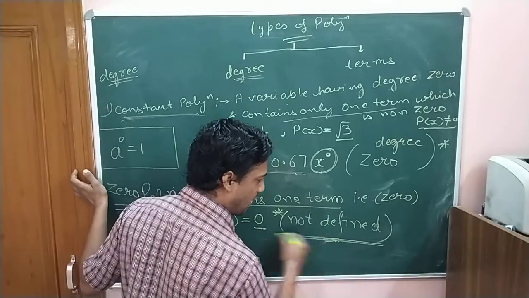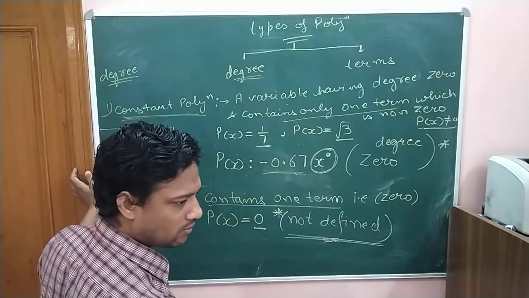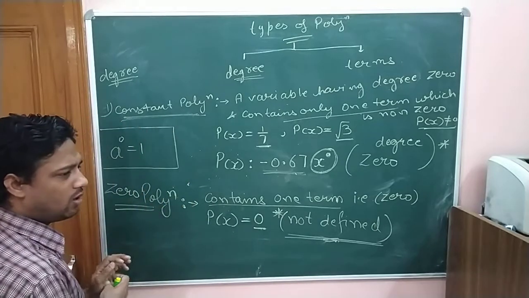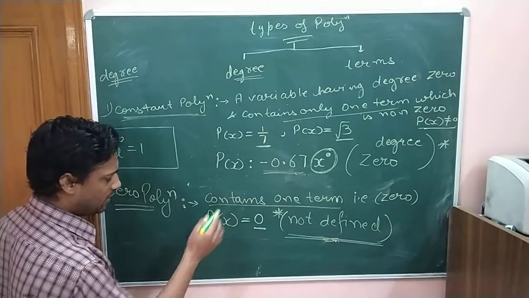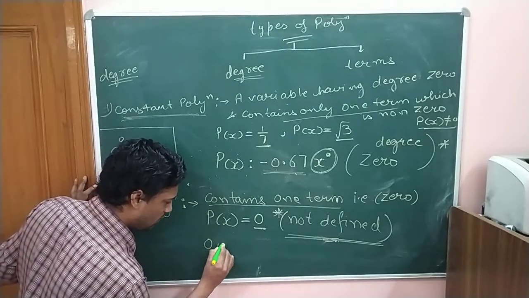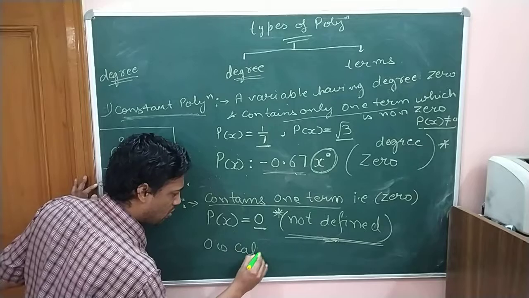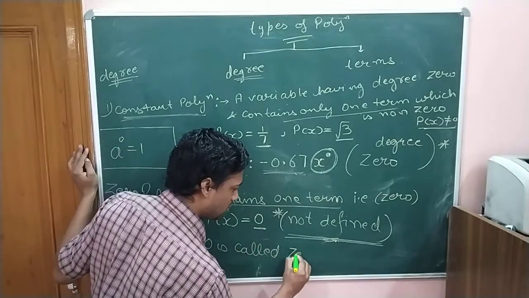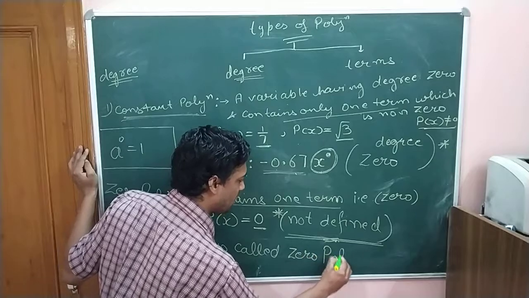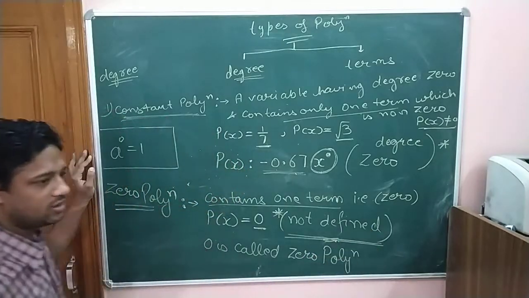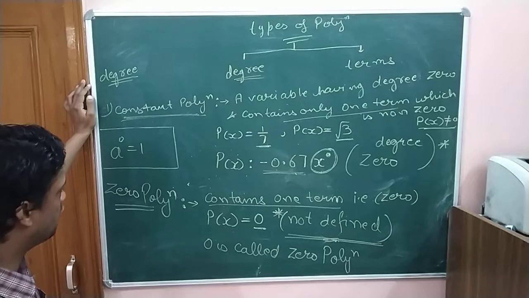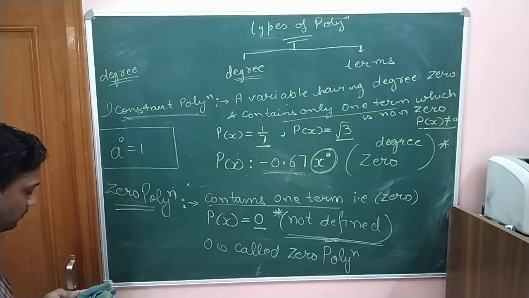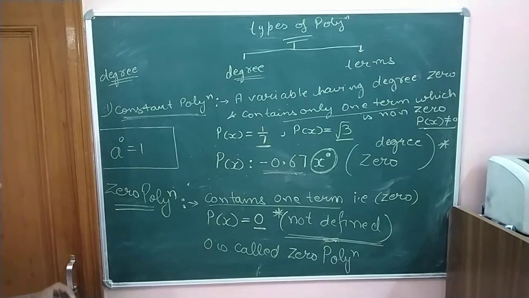Clear? In short, 0 is called the zero polynomial. So take a screenshot of this.